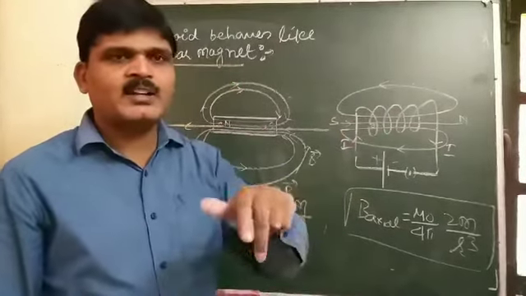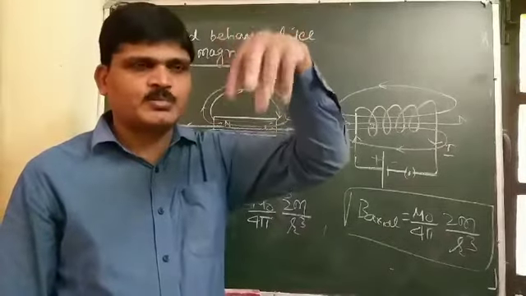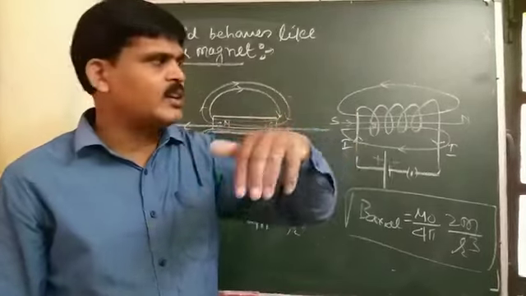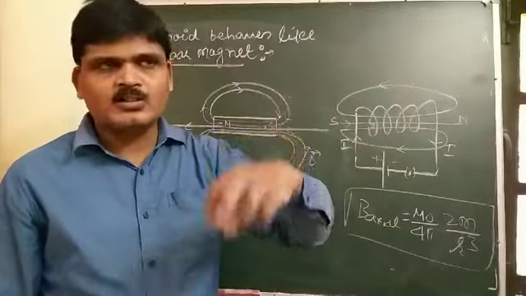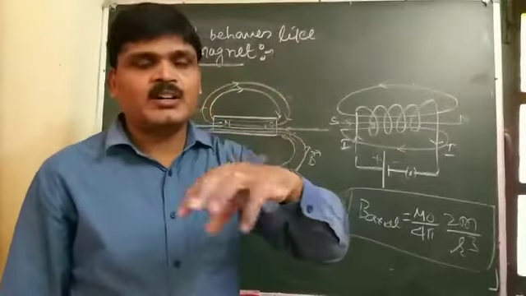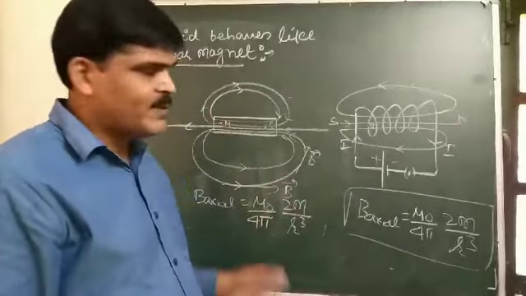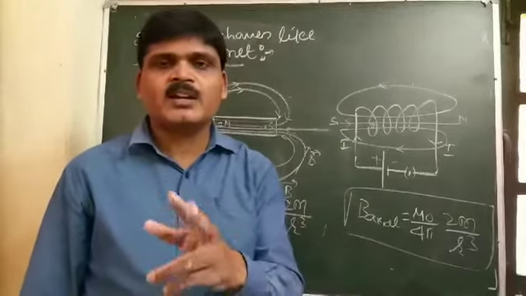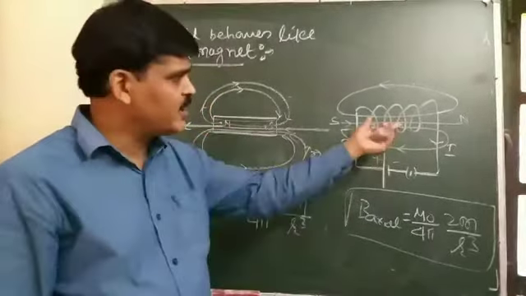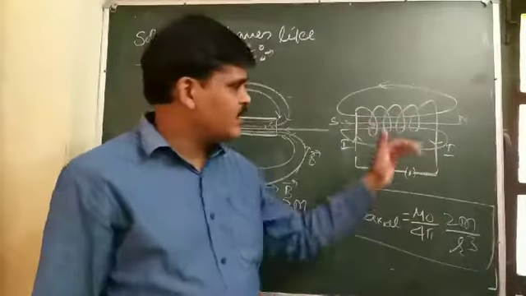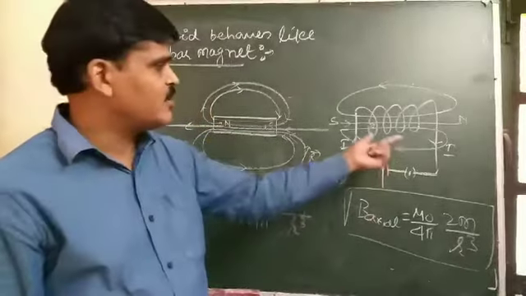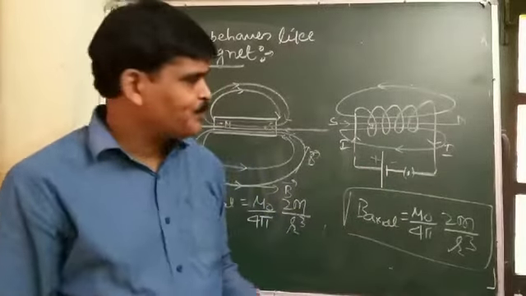If a bar magnet is suspended through a thread, it points in the north and south direction; a current carrying solenoid suspended through a thread also always points north and south. If we break the magnet into a number of pieces, each part has a north pole and south pole. Similarly, if we cut the current carrying solenoid into smaller parts, each part again has a north pole and south pole.